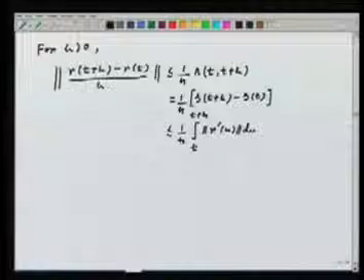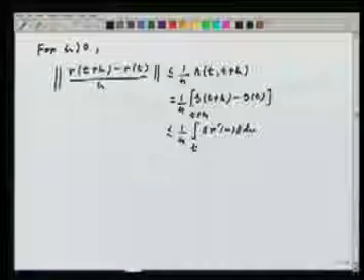Remember, this was the result which I proved while showing a curve is rectifiable if r prime is continuous. Remember that? I have proved that lambda(a,b) is less or equal to integral a to b norm r prime(t) dt. Instead of a and b, for t and t+h I am using the same result to get the inequality on the right hand side.